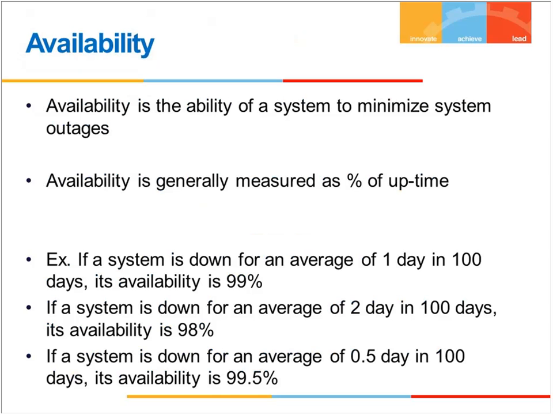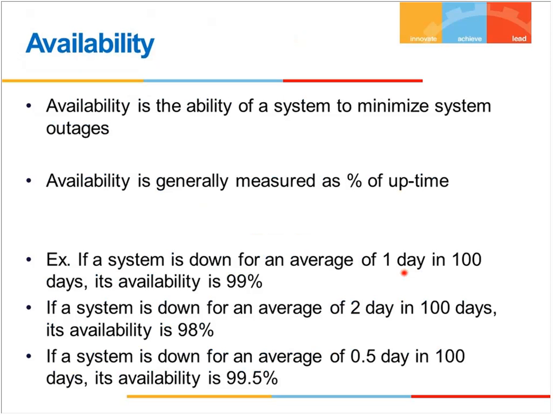So availability is the ability of the system to minimize system outages, and it is generally measured by the percentage of uptime. So for example, the system fails say once in 100 days, and the time it takes to recover is 1 day. So it takes 24 hours to recover.